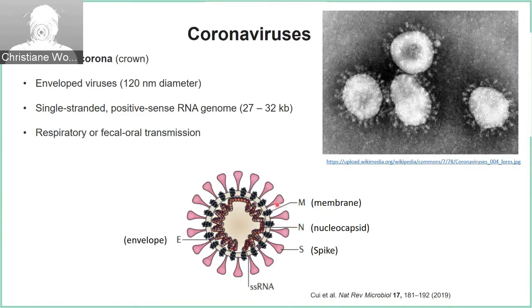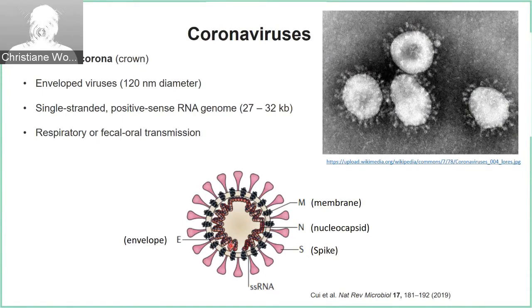In addition to the spike protein that protrudes from this envelope, there are also other structural proteins, the membrane, or M protein, and E, or envelope protein, that are embedded within this envelope.